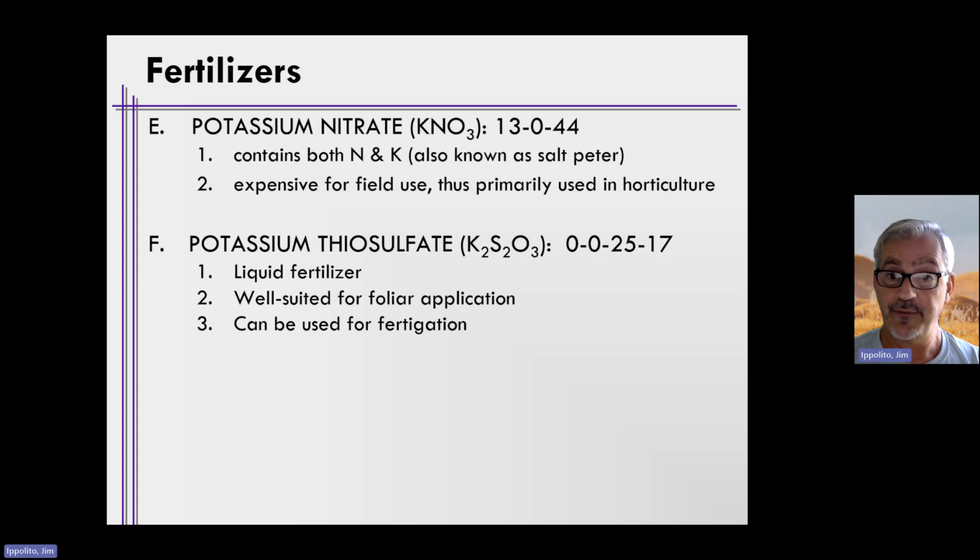It's expensive for field use, and so it's usually used in the horticultural industry. And then there's potassium thiosulfate, and this contains some sulfur, so you can see that in the guarantee. It's liquid. It is well suited for foliar application, and it can also be used for fertigation. In fact, most of the fertilizers that contain potassium probably could be used for fertigation. You just need to make sure that they're pure, so they don't clog emitters.